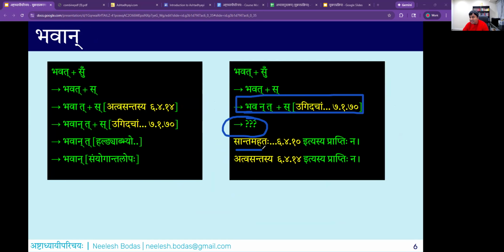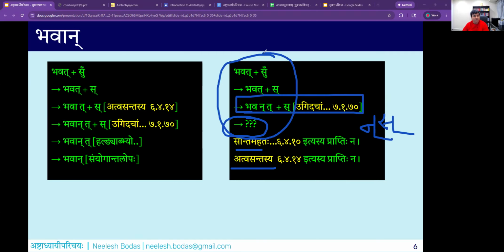You cannot apply Sanyogasya because this is not a Na plus Sa. And you cannot apply Atvasantasya cha dhatoho because there is no Swara in the Upadha. So if you quietly follow the rule of Vipratishedhe Param Karyam, which you actually followed in Shreyas plus Su, there is a problem for Bhavat plus Su. And therefore, in order to get the correct Prakriya for Bhavat plus Su, we have no choice but to break the rule of Vipratishedha.